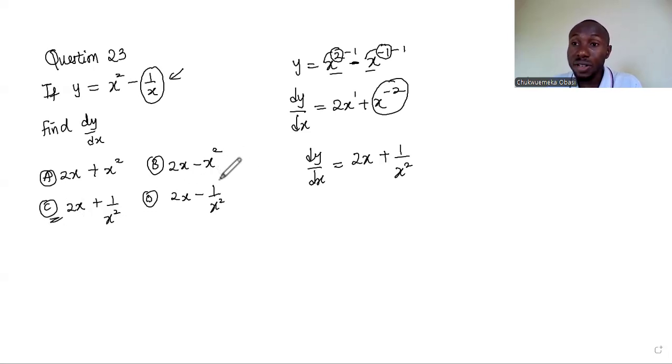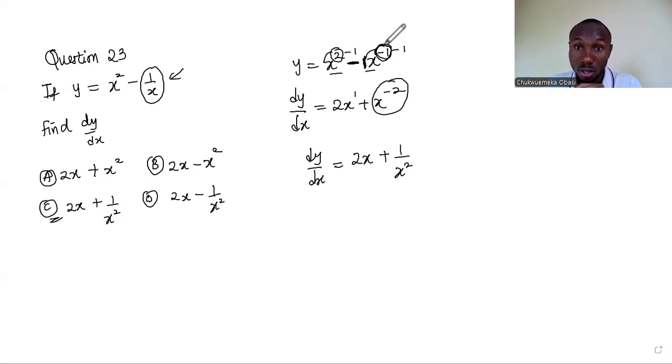You see, if you look at all the options, they are almost the same, just a difference of signs. So that means if you make a little mistake, you might follow one of the options. That's really crazy, guys. So you have to be very careful. Look at this minus 2 here. Look at this minus, there's a minus here initially. This minus 1 multiplies, there's actually a 1 here.